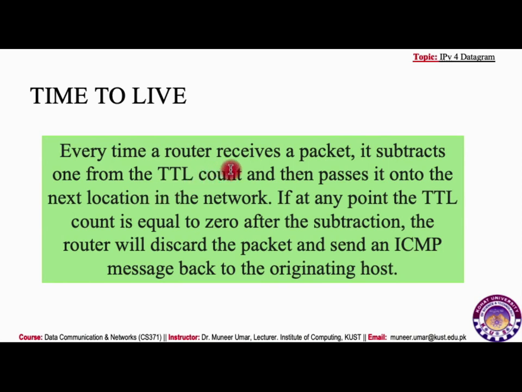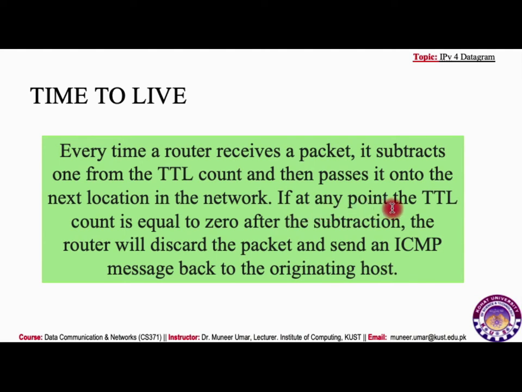Every time a router receives a packet, it subtracts 1 from the TTL count and then passes it on to the next location in the network. Suppose the TTL value is 10 and it is received by the router. So the router would pass that packet towards its destination, but before passing that packet, it would reduce its TTL by 1. So if it is 10, after that it would become 9.